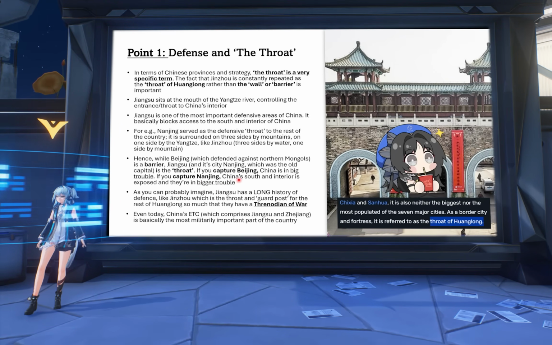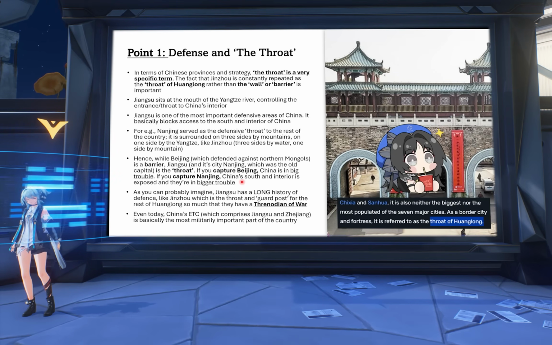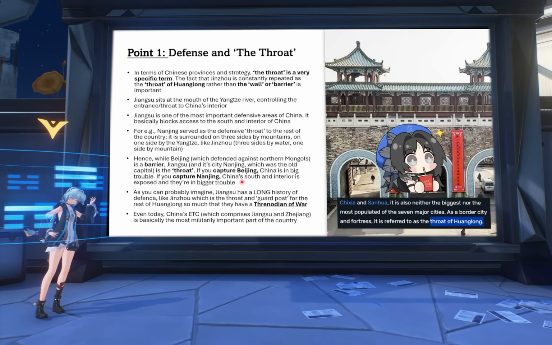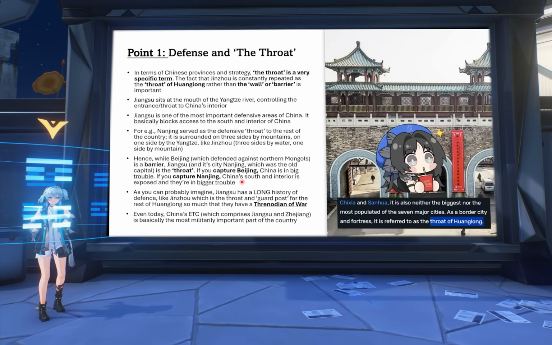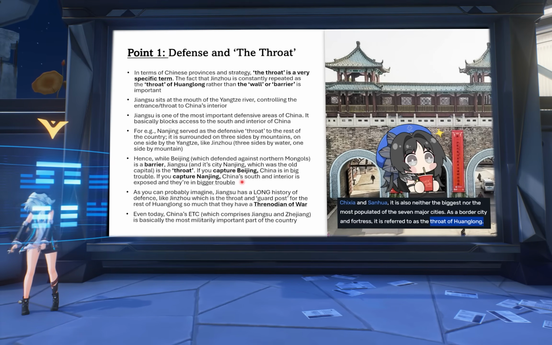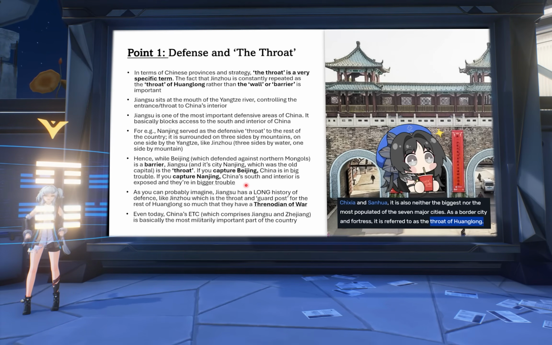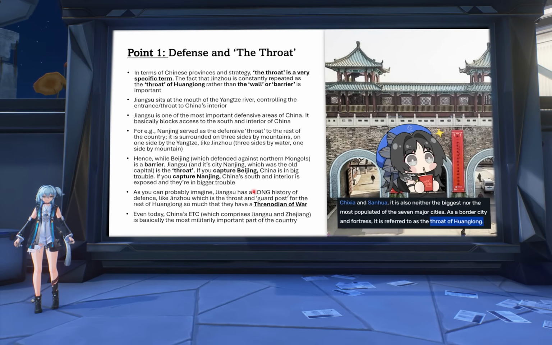So historically, that's why Nanjing has been China's capital, and it's been attacked several times, because if there is a city or a place in China that you could call the throat, historically, it has always been Nanjing in Jiangsu, right?